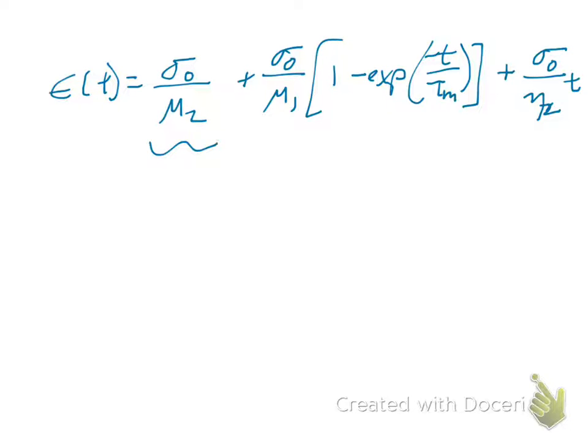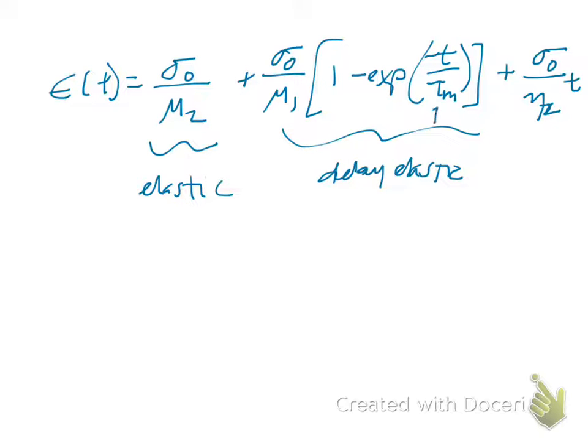So this is our elastic, delayed elastic, with that time constant in there. It's a transient response. And this is your long-term viscous.